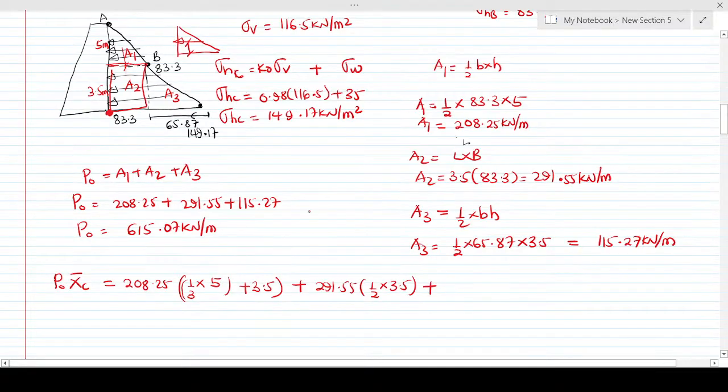Then the other shape, this triangle, we need the force there, that's 115.27, times its centroid, which is 1/3 times the length, which is 3.5. Now, if you do it very carefully, I get 1720.6525.